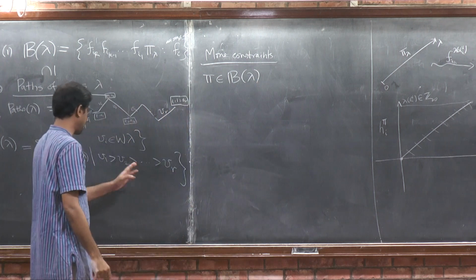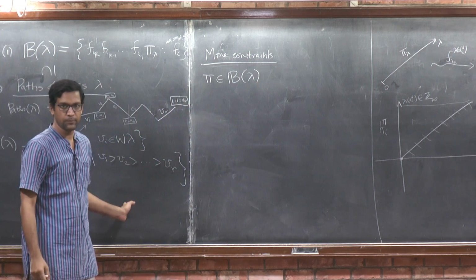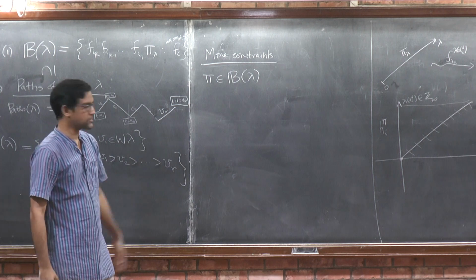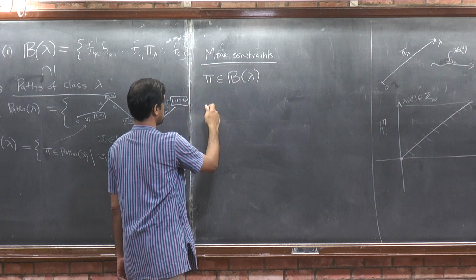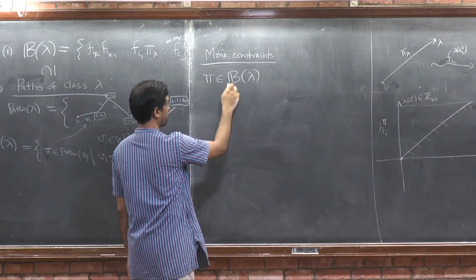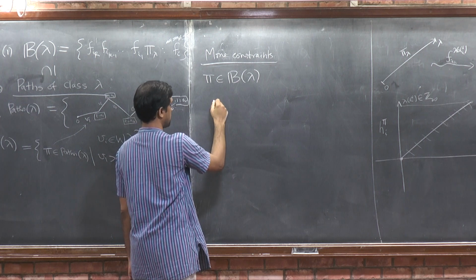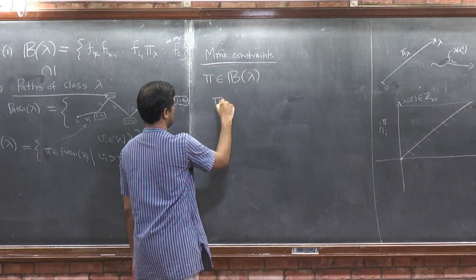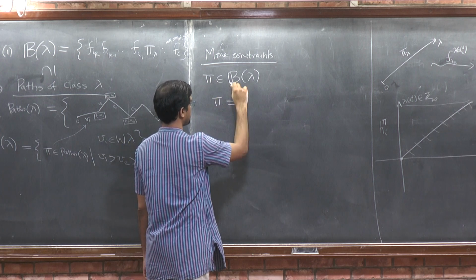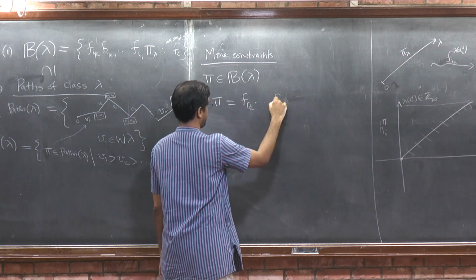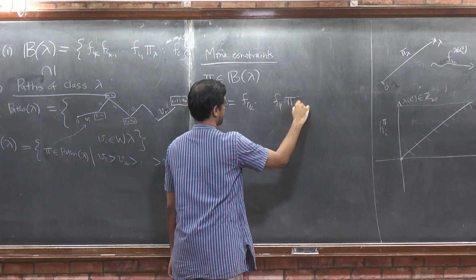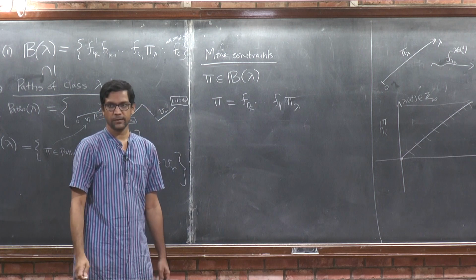Here, like I said, it's mostly heuristic. I haven't really proved that it's contained. At the moment, it's only suggestive. But this one is more rigorous. If pi is in B lambda, here's the first observation. What does it mean to say it comes from B lambda? It's a string of f's on the path pi lambda.